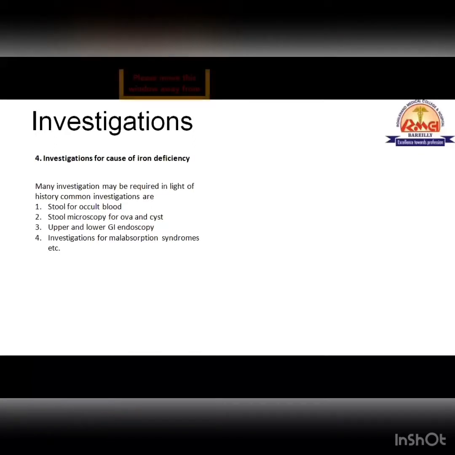So GI blood loss can be estimated by upper or lower GI endoscopy, stool for occult blood, and stool microscopy for ova and cyst. Apart from this, if the clinical features suggest, we can order a malabsorption syndrome profile for tropical sprue and other things. And if there is any sign of inflammation and infection, then we can order accordingly.